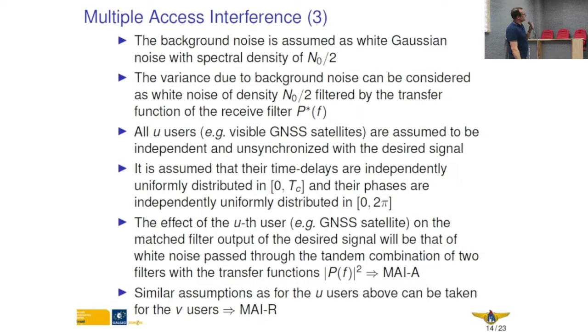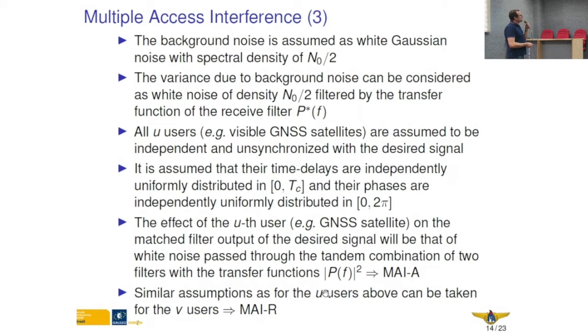It is assumed that their time delays are independently uniformly distributed and their phases are independently uniformly distributed from 0 to 2π. The effect of the user, for example a GNSS satellite, on the matched filter output of the desired signal will be that of white noise passed through the tandem combination of two filters with the transfer function absolute value of P(f) squared. And this is how we can calculate or approximate the intra-system interference.